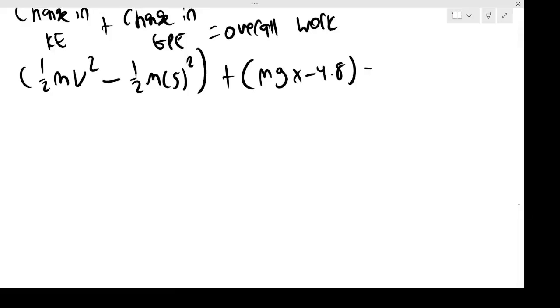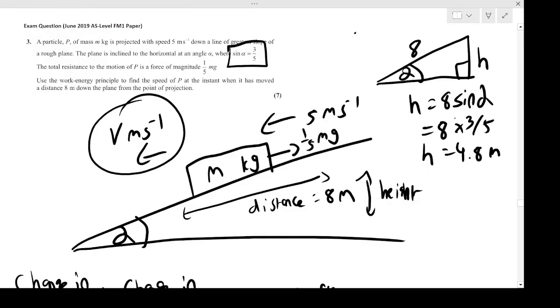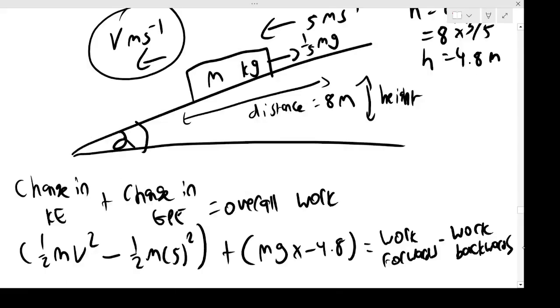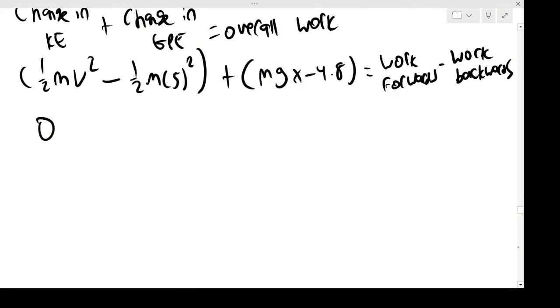Then that's the overall work. So it's going to be work forwards, take away work backwards. Now, obviously, once again, there are no forward forces, so there's no work forwards.